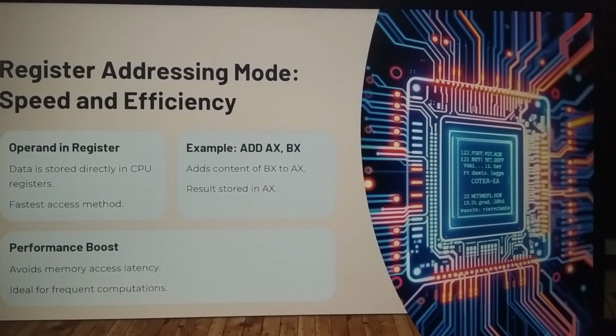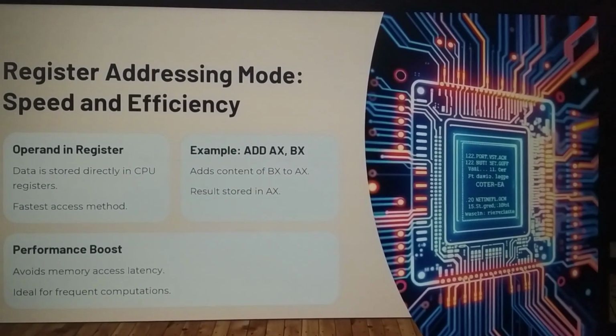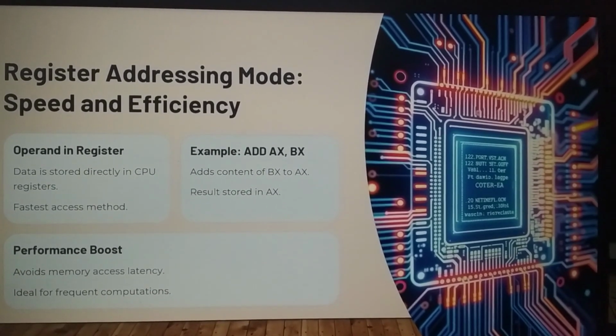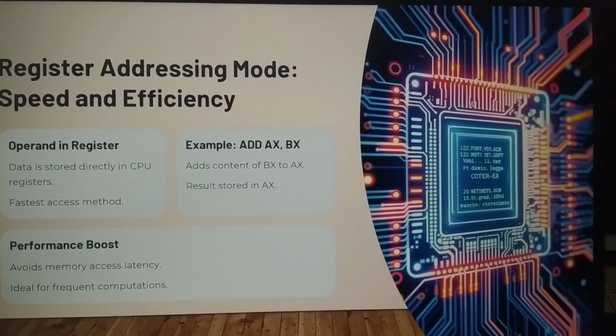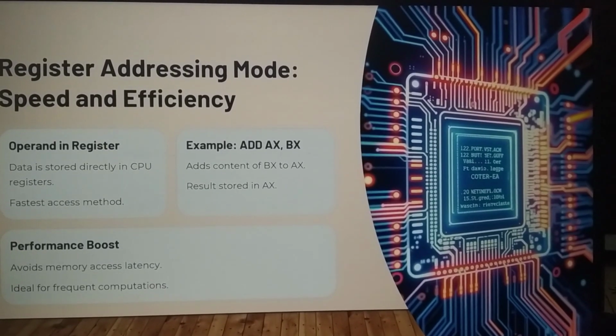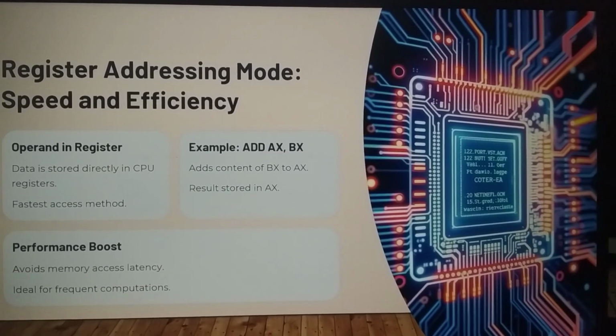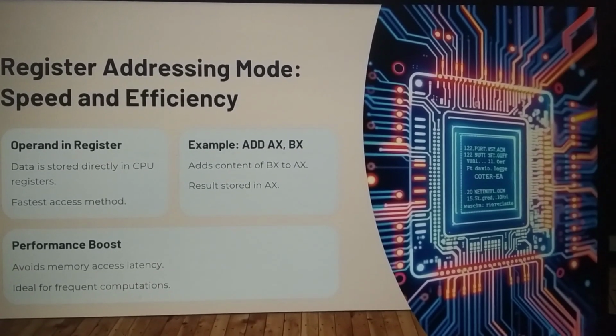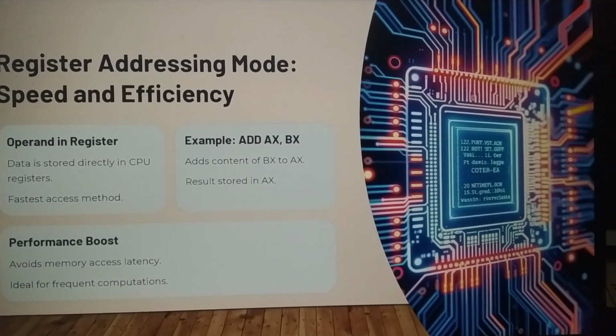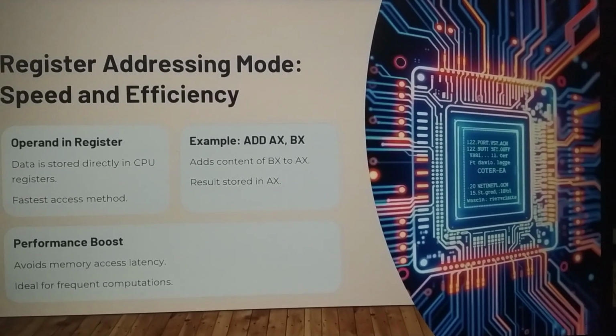For example, in the instruction MOV AX, BX, the data is simply transferred between two registers without any delay caused by a memory fetch cycle. This mode offers excellent speed because it avoids the relatively slower memory bus operations.